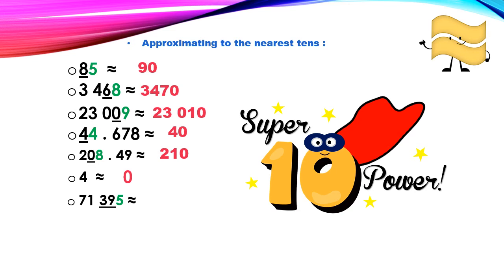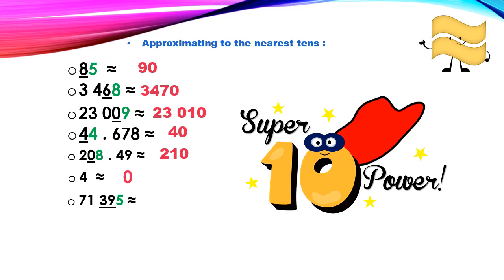Okay, here I have 71,395. I will look at the digit in the 10 place. What is the digit in the 10 place? 9. What is the digit before it? 5. Rich or poor? Rich. So when I have 9 in the place I want to approximate and I have a rich digit before it, I will take this digit and the digit beside it.